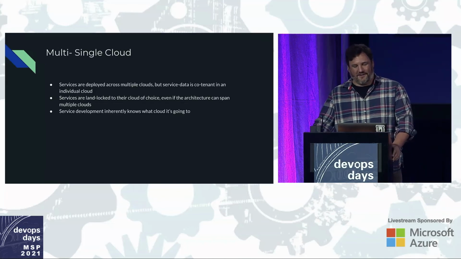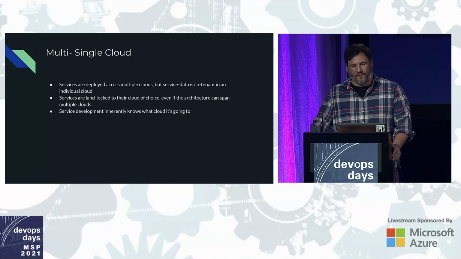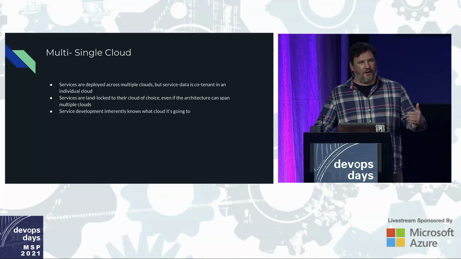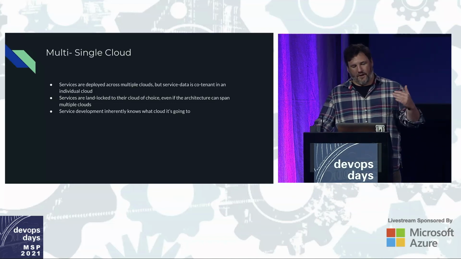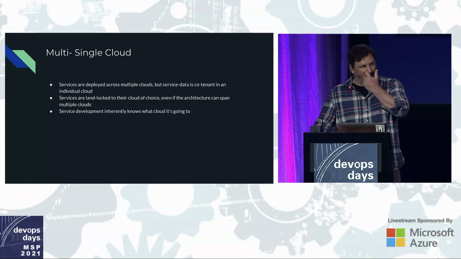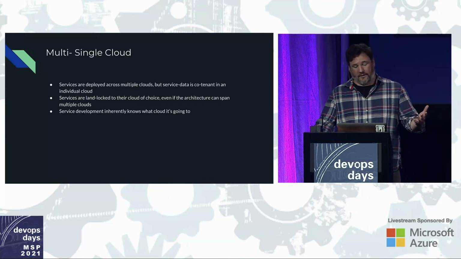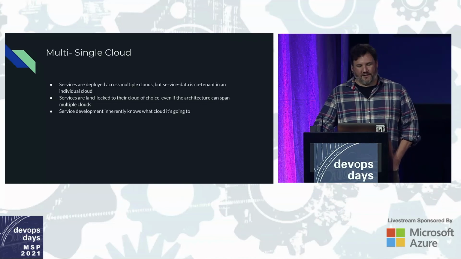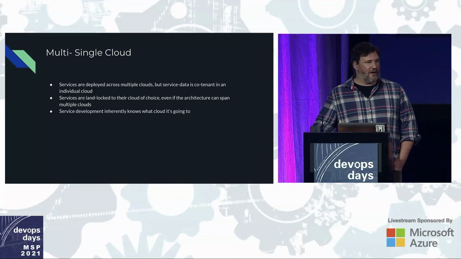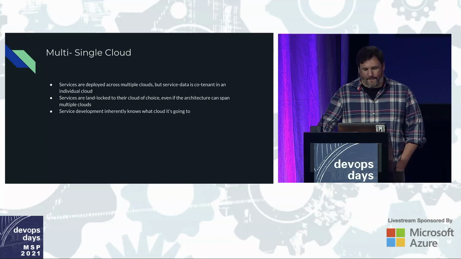This is an environment where services are distributed and deployed across multiple cloud providers, but data is co-tenant for the services inside of their individual cloud, right? So the service architecture is able to operate cooperatively across clouds, but essentially each service and its corresponding data is landlocked to its own cloud provider.